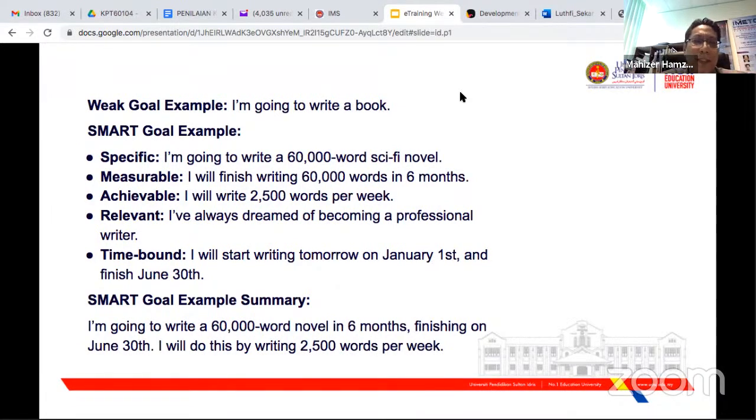What are the SMART elements, being specific? At the end of the program, or at the end of the training, what should happen? More specifically, they can come out with 3 types of e-training material module: video, audio, and maybe graphics. Measurable: at the end of the day, come out with 3.